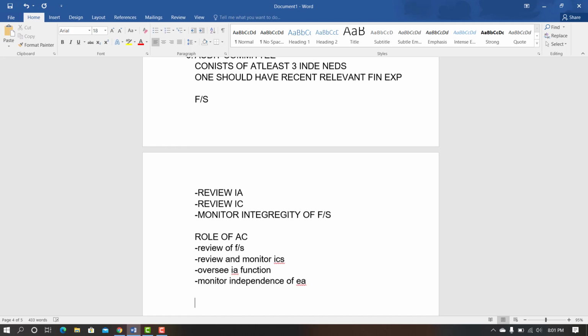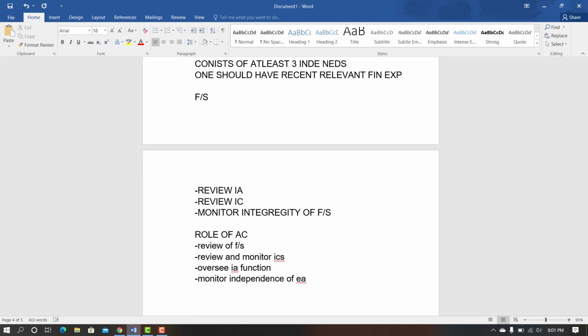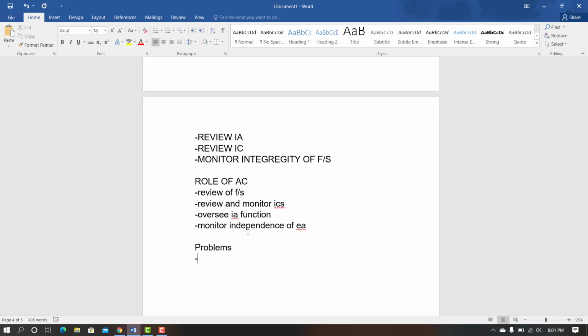So what are the problems under the audit committee? Problems. So first is finding the right person. Second is additional cost.